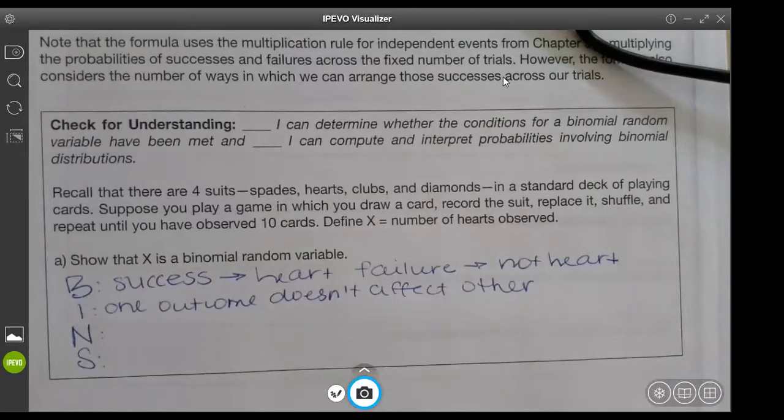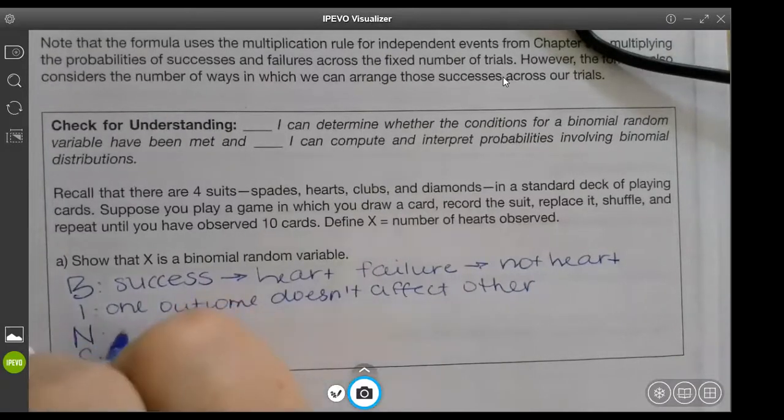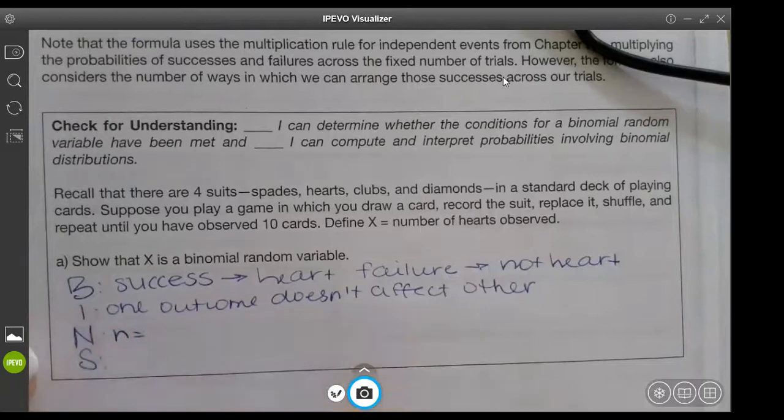All right, what's your N? The number of observations, or 10. And then what's your X? 13 out of 52, your probability of success.